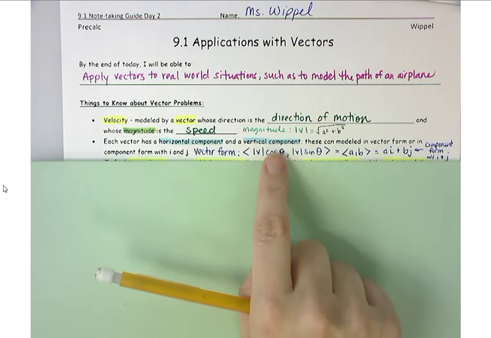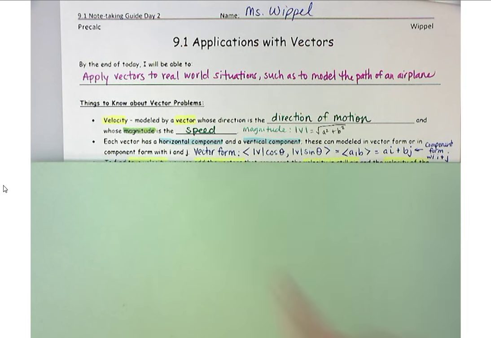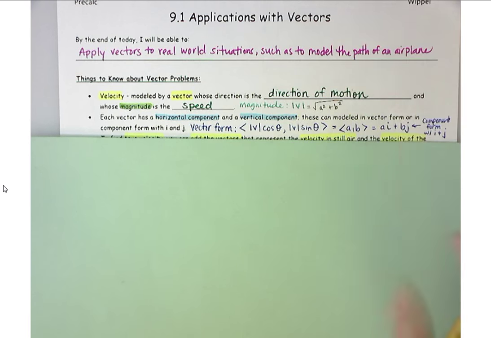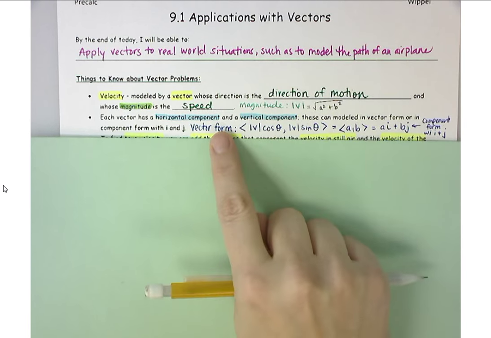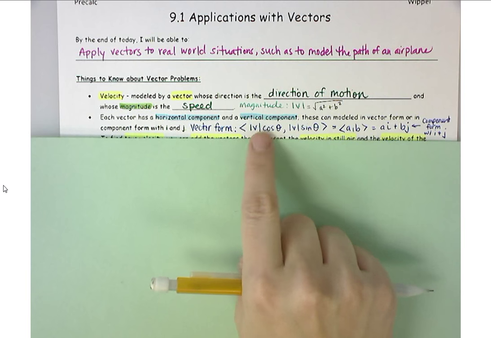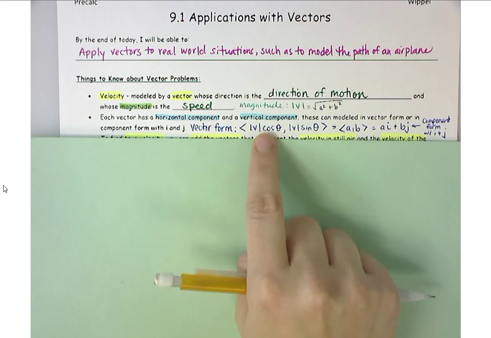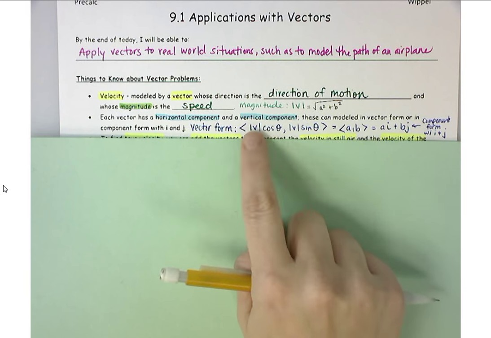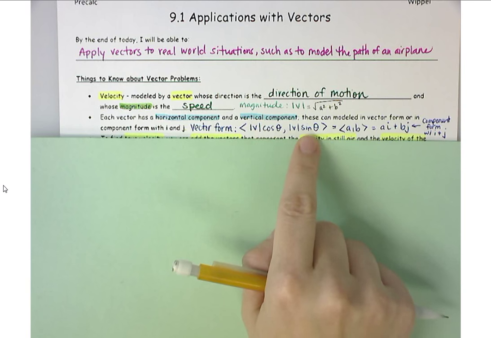Each vector is going to have a horizontal component and a vertical component. This is something that we did yesterday. So those can be modeled in vector form or in component form with i and j. Remember we talked about this yesterday in our notes. We did the magnitude of v times the cosine of theta to find the horizontal component, and then the vertical component was the magnitude times the sine, which made sense because cosine is related to the x-axis and sine is related to the y-axis.